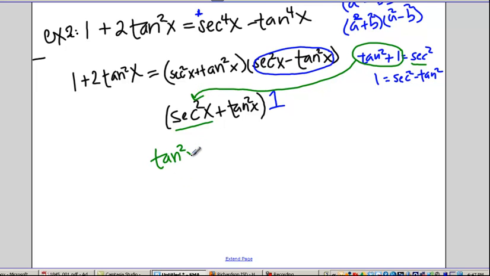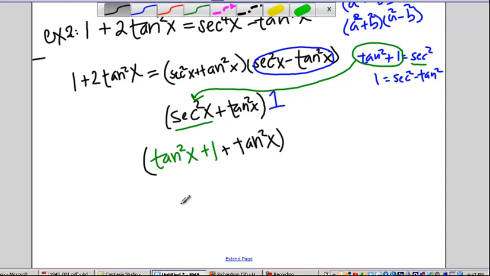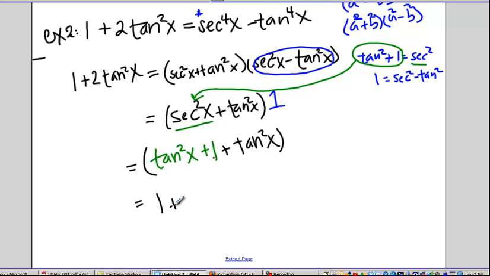So tangent squared of x plus 1, plus tangent squared of x. I don't need to write the times 1 because anything times 1 still gives you the answer. And guess what? We have our 1. Our answer has a 1. And how many tangent squareds do we have? We've got 2 tangent squared of x. Okay?